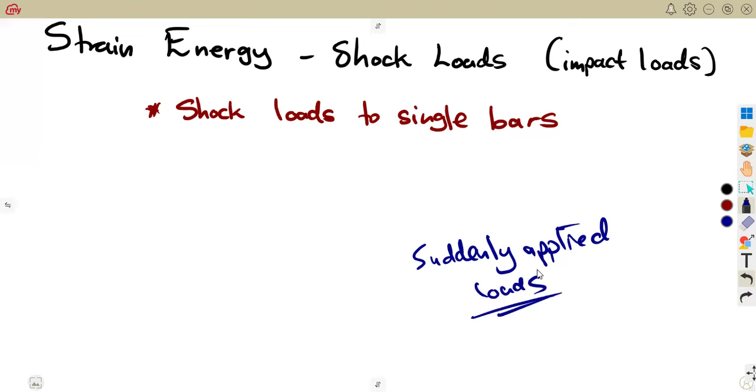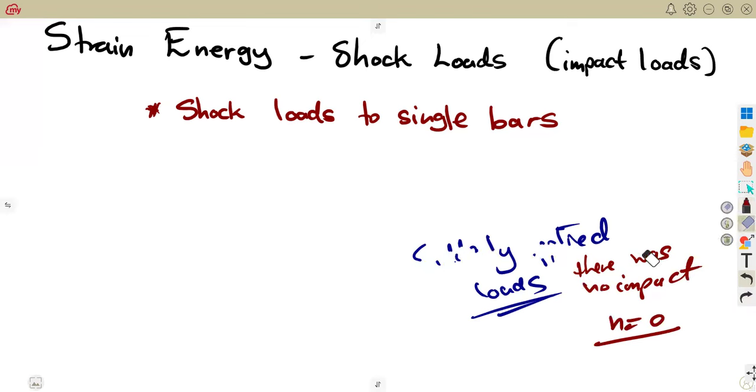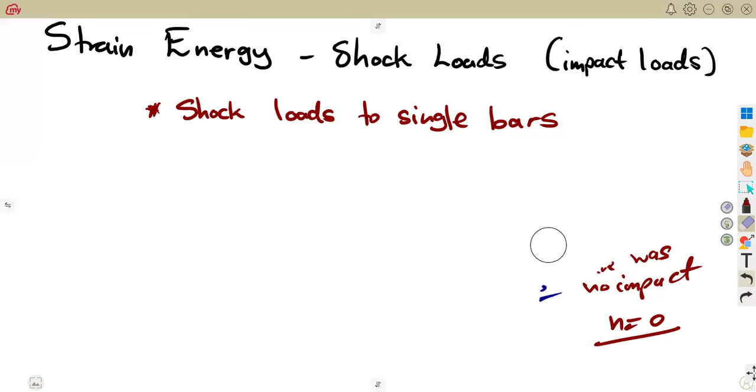There was no impact, meaning the height was equal to zero. There is no height at all that the object is moved to have that impact.